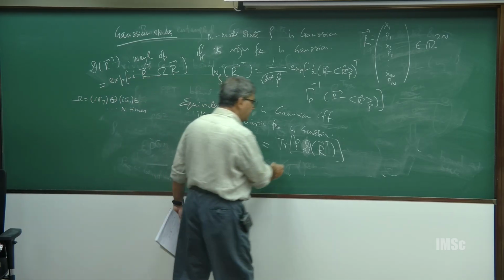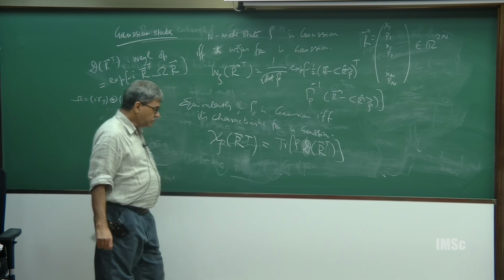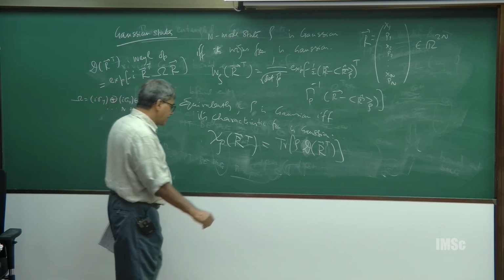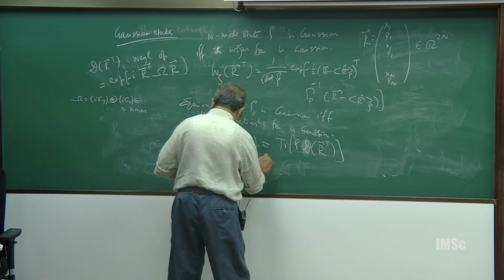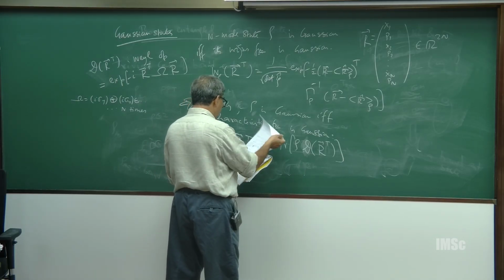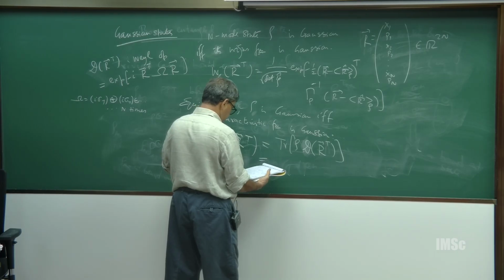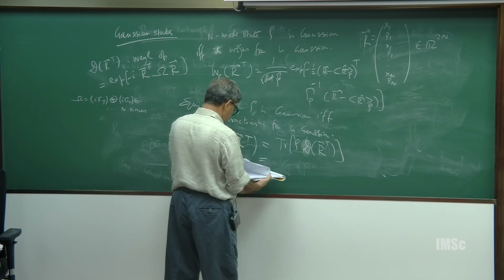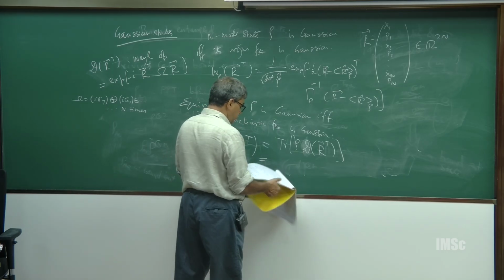If this function is Gaussian, then this means that it is equal to this one. Let me write it down.